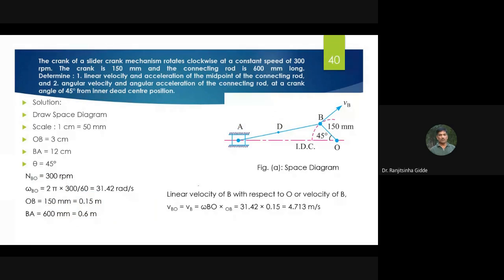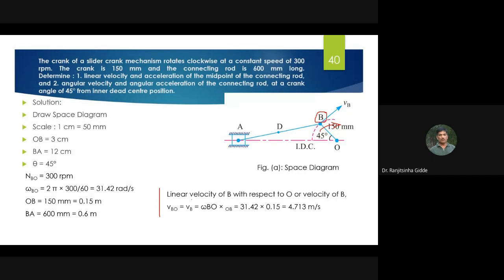Then in the velocity diagram, we need to draw the initial vector. So here, as the crank is rotating, we need to find this VB.